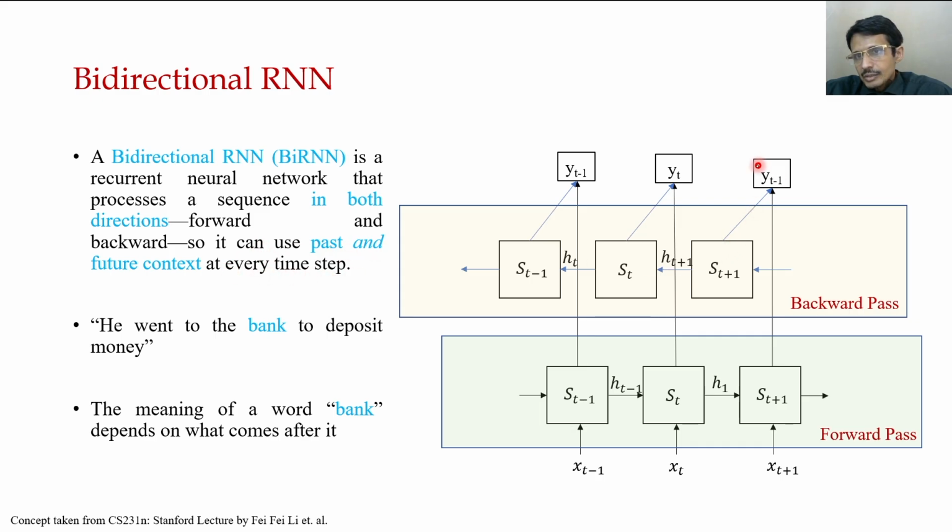As you can see, this Y_t is coming from S_t from both sides, and this is coming from the backward side as well. Consider the word bank, as in deposit money: what bank means depends on what comes after it. So in this kind of sequence, bidirectional is very helpful.